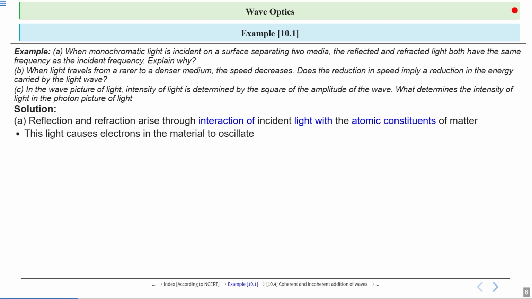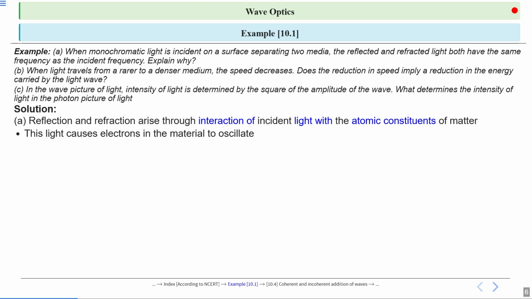So this light causes electrons in the material to oscillate. When electrons absorb energy from the light, when energy packets called photons are absorbed by the electrons, they make the electrons oscillate.